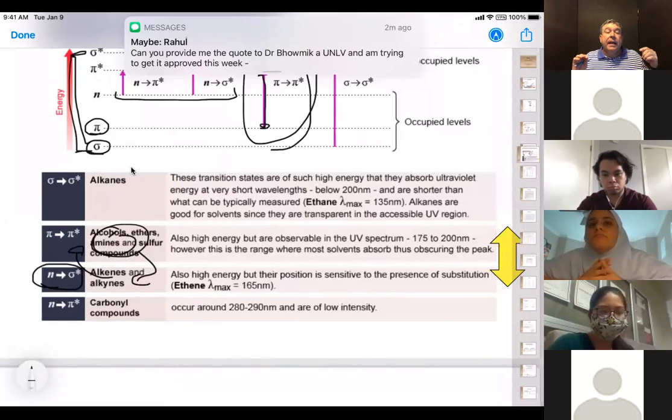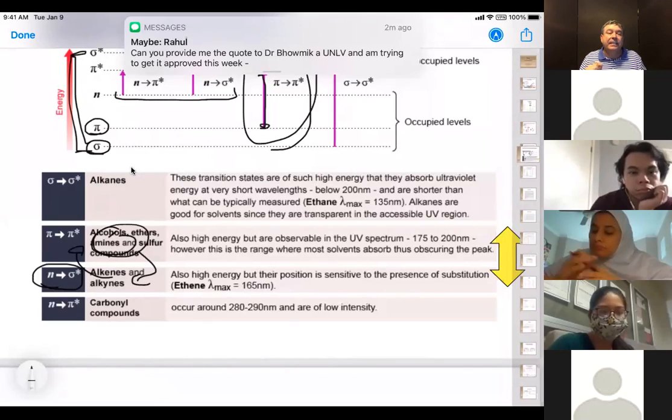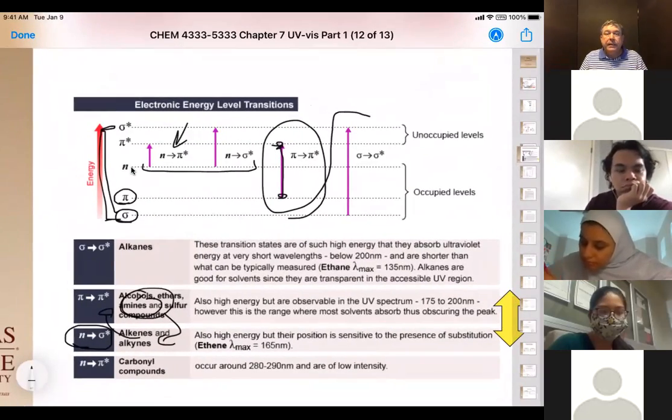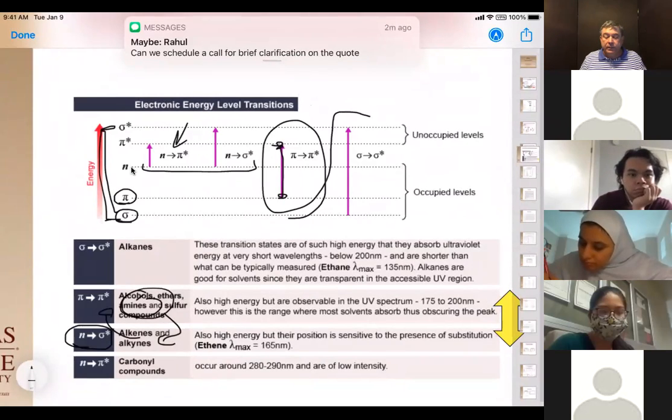This doesn't take very much energy because that's a low gap, but it's not a very likely transition, and therefore it's a very low intensity transition. But it has everything to do with jumping the gap from one orbital to the other.